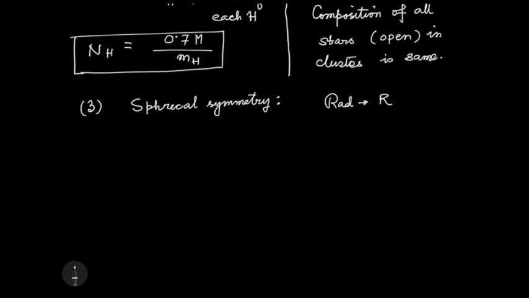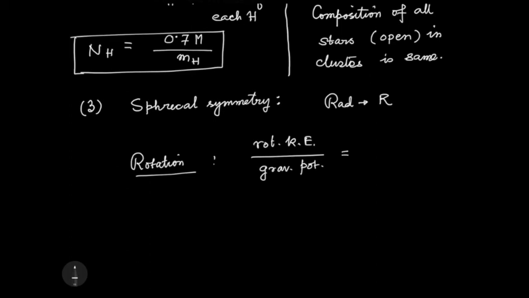Now you may say that okay, there is this rotation, and the rotation, just like for the earth, bulges up the equator a little bit. So how much is the effect of rotation on the spherical symmetry of the star? So I say rotational kinetic energy by gravitational potential energy.